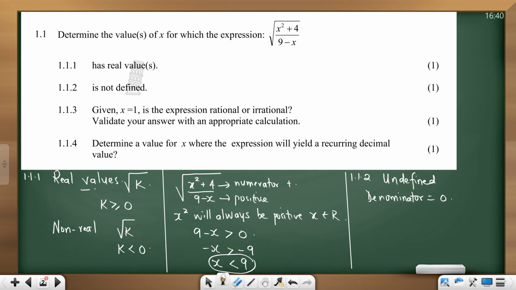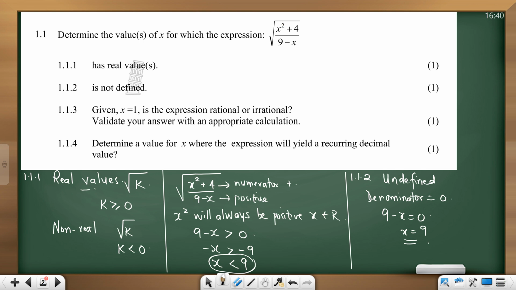As long as your denominator is equal to 0, whatever it is will be undefined. So I just look at my denominator. 9 minus x equals 0. Move the x over. X equals 9. Done. Undefined concept: denominator must be equal to 0.